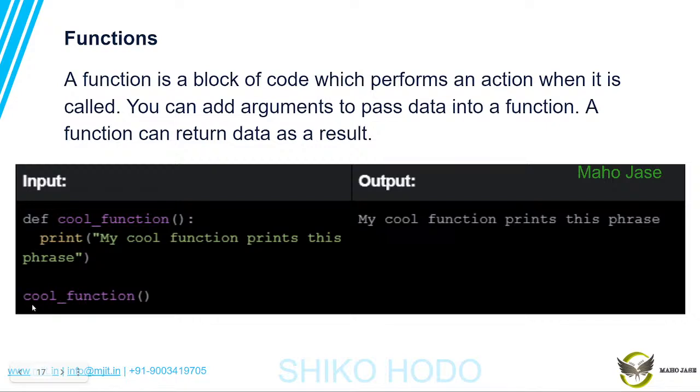So at the end, we need to call the function, my_cool_function. A function is a block of code which performs an action when it is called. Here we are calling the function so that it prints our output: "my cool function prints this phrase." Just look at this function, and I will move on to the next slide.